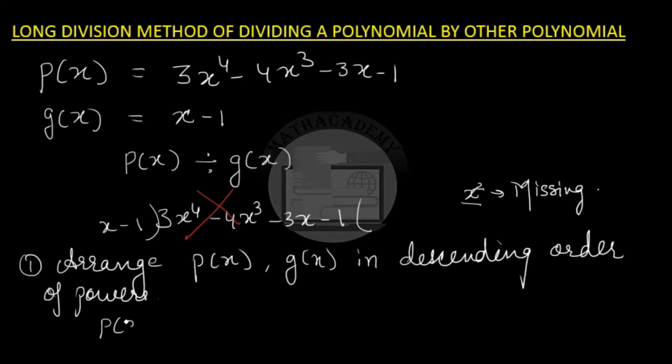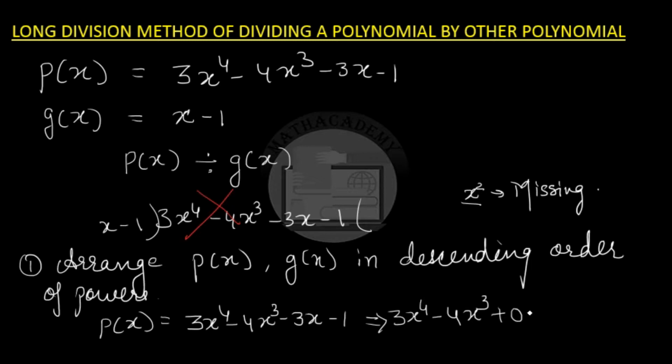So p of x is 3x to the power 4 minus 4x cube minus 3x minus 1. It's in descending order and we see that the power 2 is missing. So we write it as 3x to the power 4 minus 4x cube plus 0 times x square minus 3x minus 1. Please note this 0 times x square. G of x is anyways given in descending order as x minus 1.